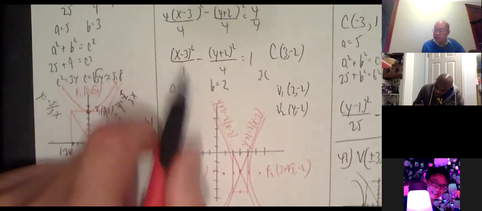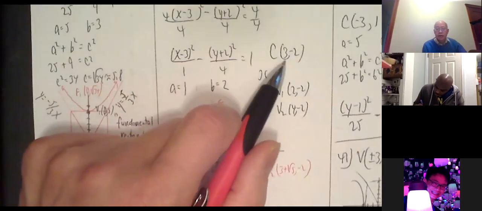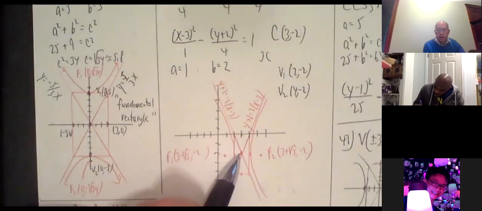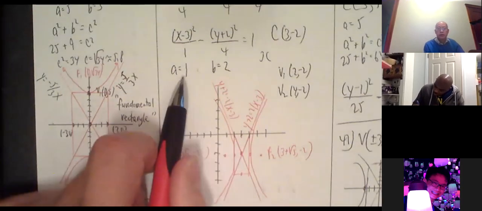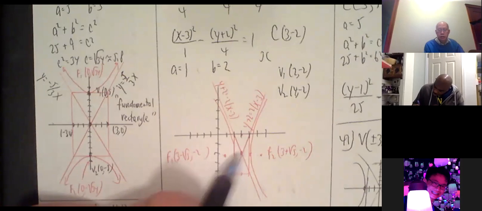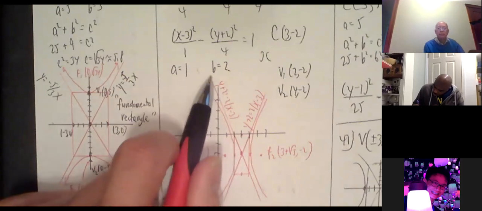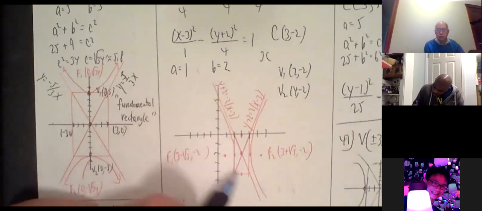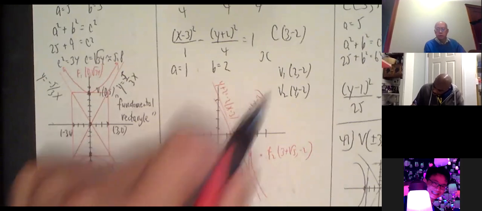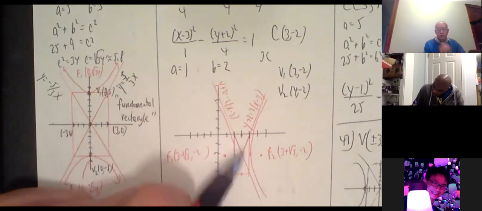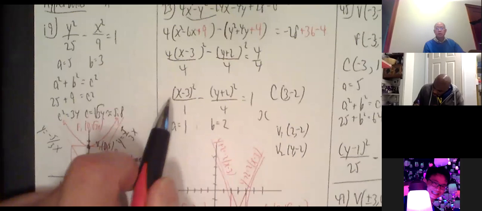So I start at the center, which is not the origin. It's at 3, negative 2. So 3, negative 2. Left and right, 1. Up and down, 2. Draw the diagonals. Should go through the center. Okay, x came first.